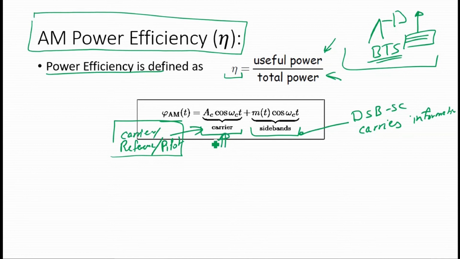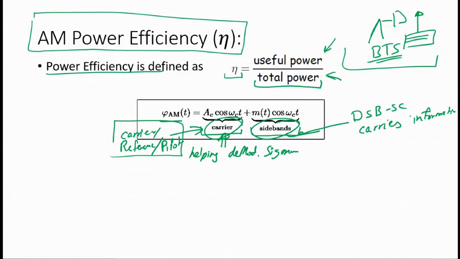So this is not sending any information. This is just assisting or helping demodulate the signal. This part is carrying information, this part is not carrying information. But we are looking into the total power.